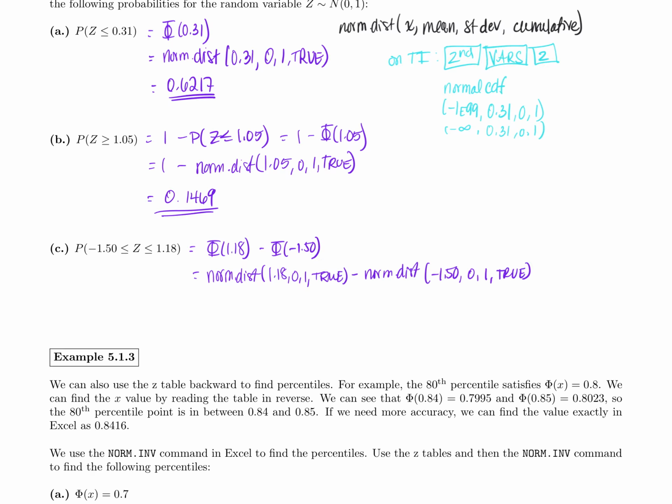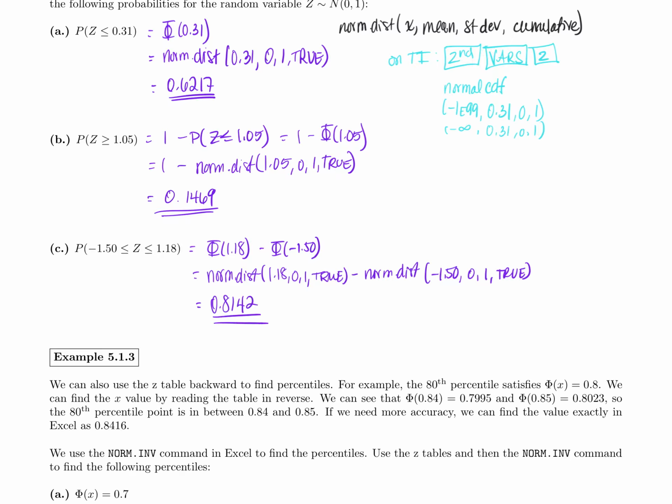And you can do this on the TI by doing second vars 2 twice. So you can do it for the 1.18, and then you can say minus, and then you can do it for -1.5. But there's actually an easier way on the TI, and I'll show you that in just a moment here.